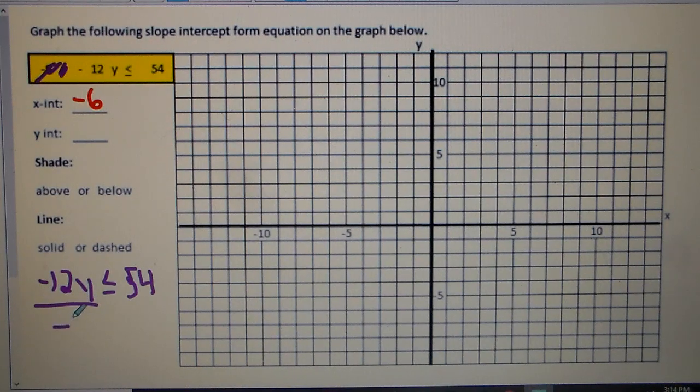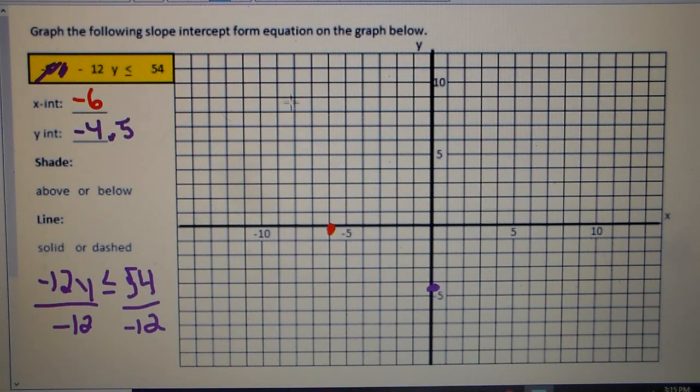We divide both sides by negative 12. So 54 divided by negative 12, and we get negative 4.5. So I plot the coordinate negative 4.5 right there. And we know the x-intercept is at negative 6, so we plot a point there.